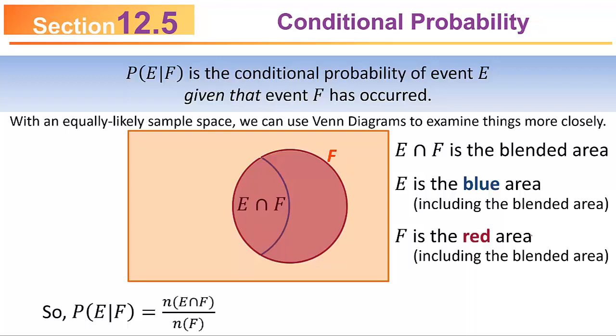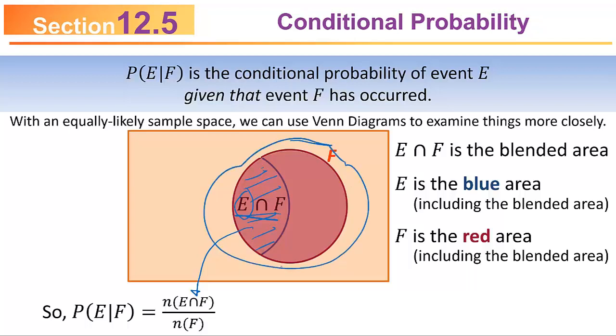So you can see now that if you're counting the number of ways what you want happened, you want the probability of E, it's in the blended area. So when you count that, you're going to be counting from inside the blended area. And all that's left of the sample space is the entire circle F, so you're going to be counting everything in the circle F as being the sample space.